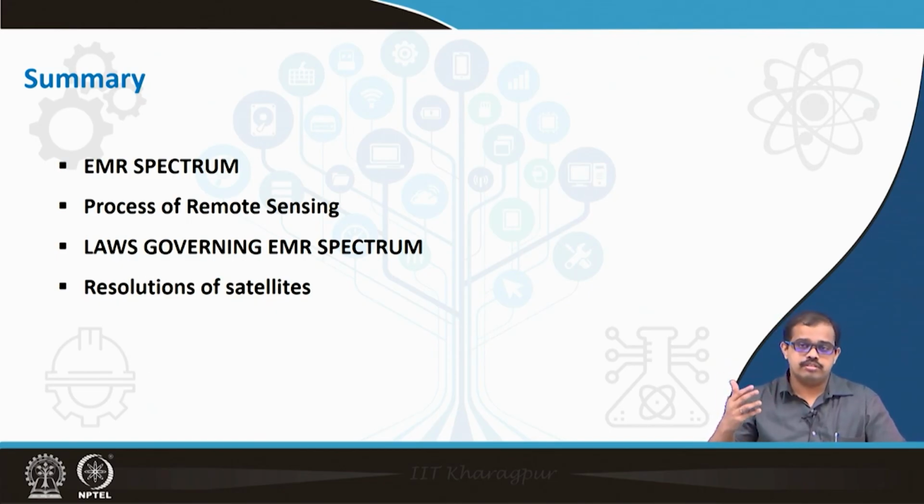Once we understood this, we looked at the spectral reflectance curve, which is reflectance versus wavelength. Whenever you are looking at any aspect of the earth's surface, the first thing is to look at the reflectance curve. We ended this class with the resolutions of satellites, the different resolutions you have to consider when using satellite data products. This is just a small part of remote sensing.